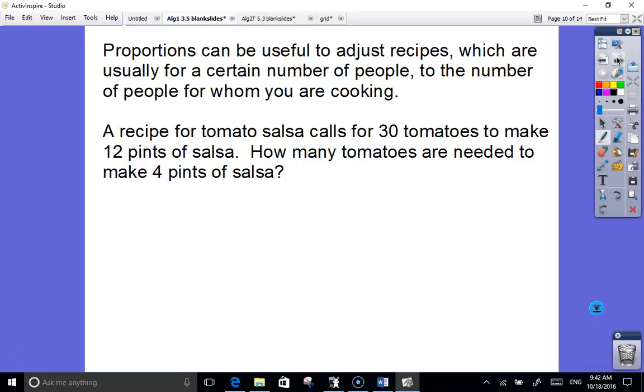A recipe for tomato salsa calls for 30 tomatoes to make 12 pints of salsa. How many tomatoes are needed to make 4 pints of salsa? So what's the unknown thing here? How many tomatoes, right? So let's make our variable be t for the number of tomatoes.